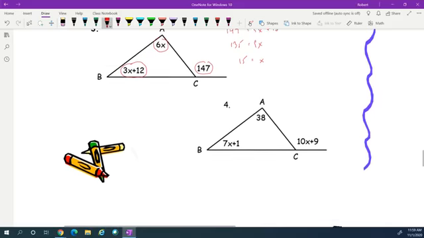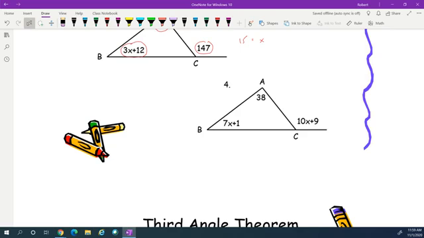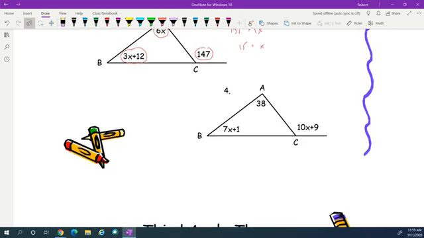I'm going to scroll a little bit so we can do number 4 here. So number 4, again, the exterior angle equals the sum of the remote interior angles. So we have 10x plus 9 equals 7x plus 1 plus 38.